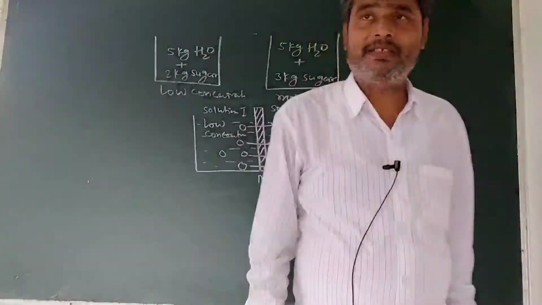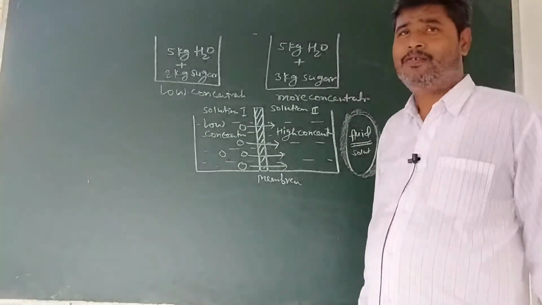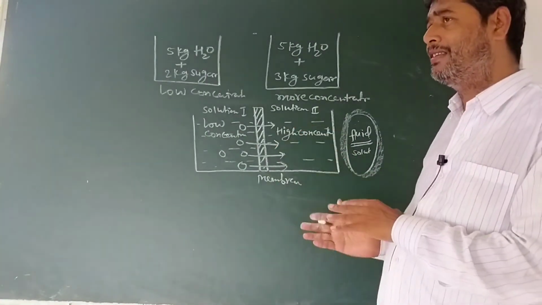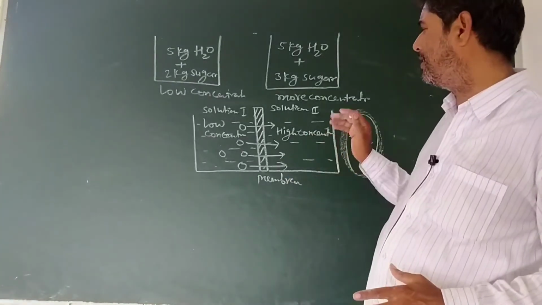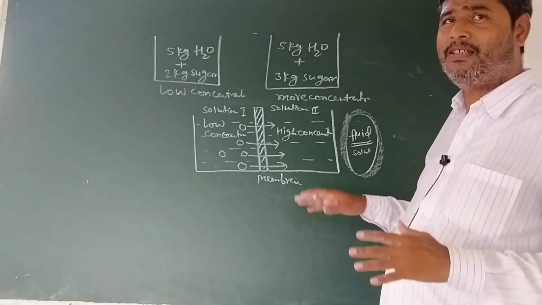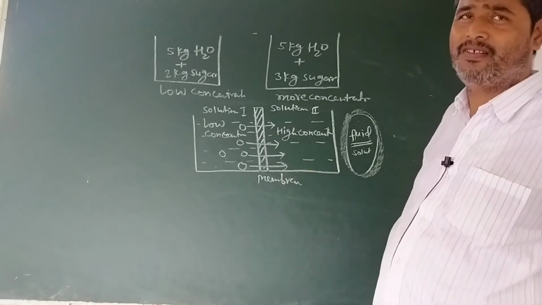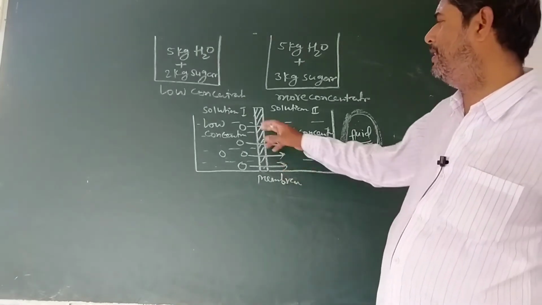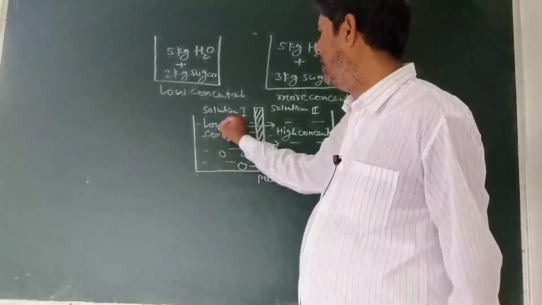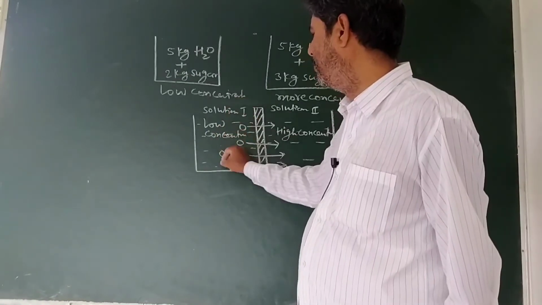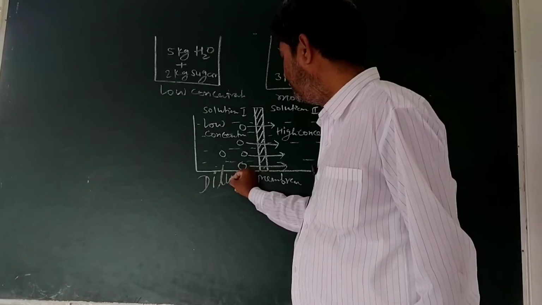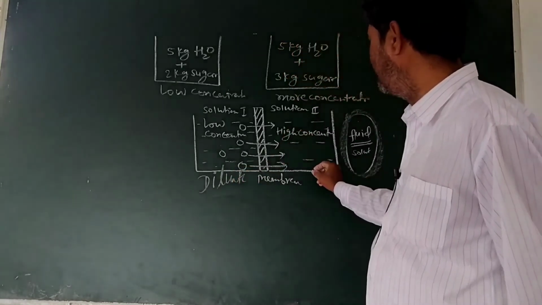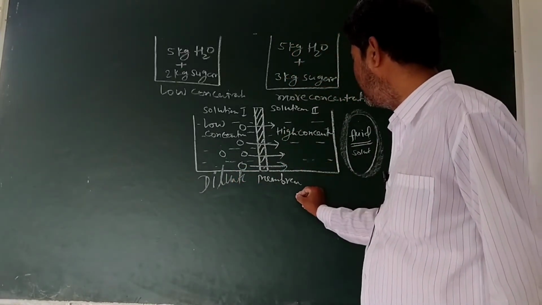Now the pressure which is required to prevent the migration of solvent molecules from dilute solution to concentrate solution is known as osmotic pressure. Suppose in this case, low concentration means dilute, and high concentration means concentrate.